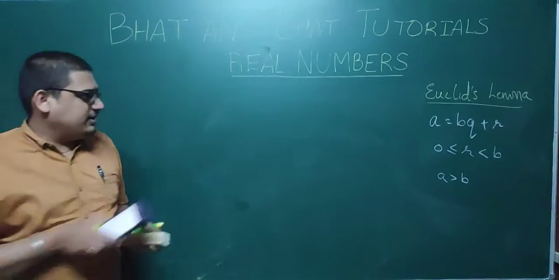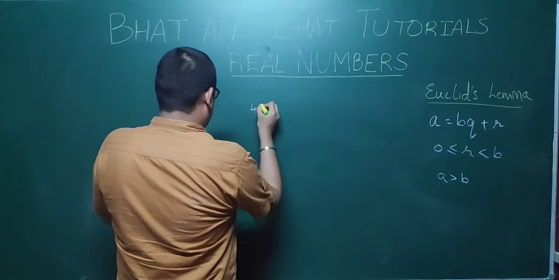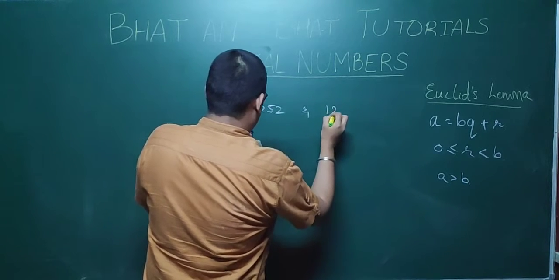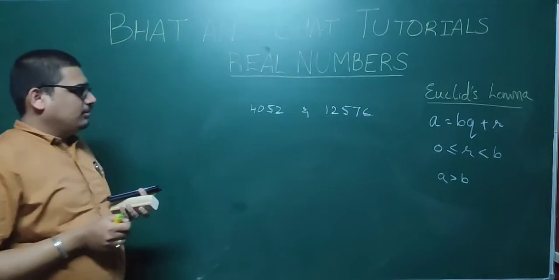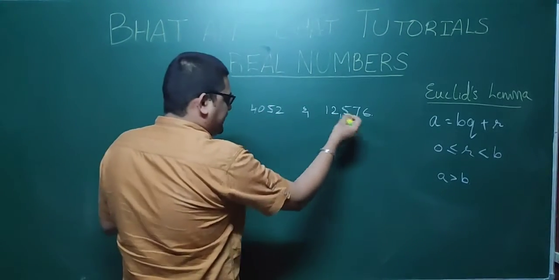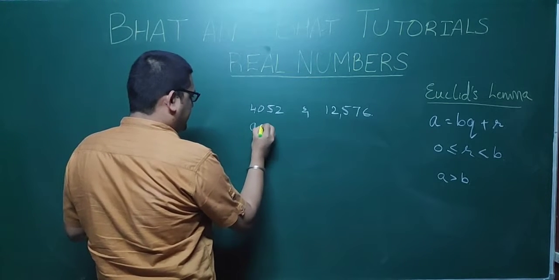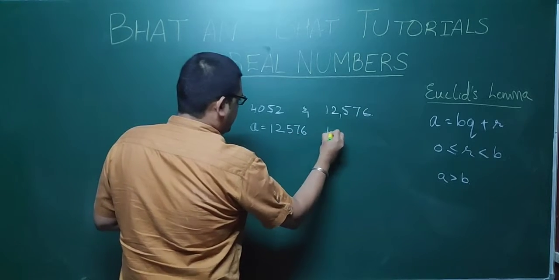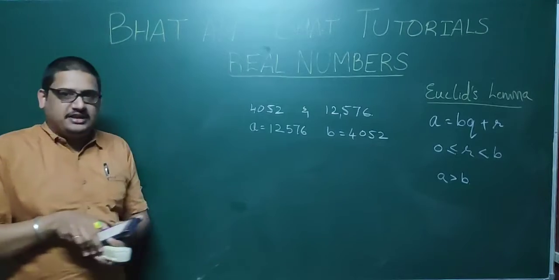The given positive integers are 4052 and 12,576. Which one is greater? It's obvious 12,576 is bigger than 4052. Therefore, I have to consider a as 12,576 and b will be 4052. I hope this is clear.